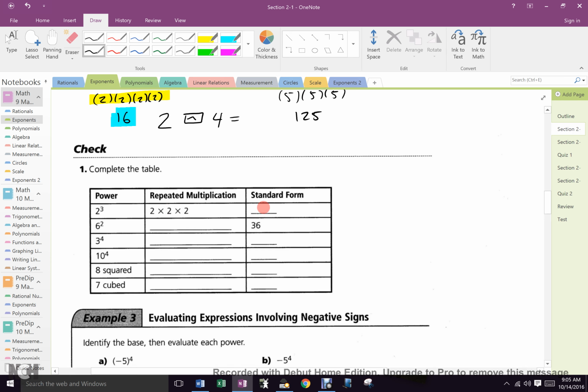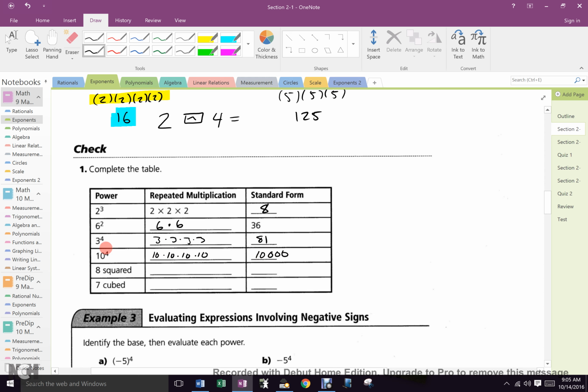All right. What's this? Oh, it is 8. What's this? 36. No. 6 times 6. What's this? 3 times 3 times 3 times 3. What does that get me? 81. What's this? 10 times 10 times 10 times 10, which is? 10,000.